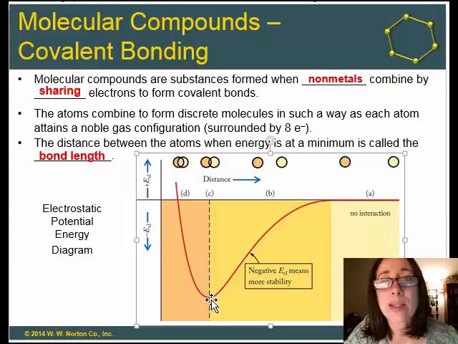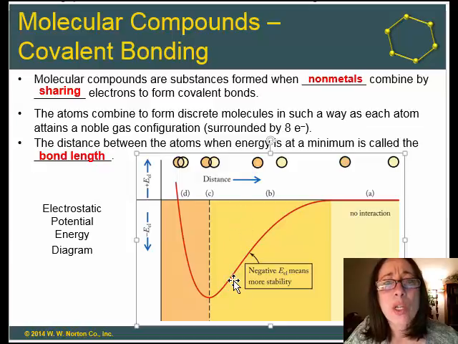And the distance at which the positively charged nucleus is being attracted to the negatively charged electrons and the repulsion between the two nuclei is minimized, that's going to be the bond length. That's the most stable distance between these two atoms.